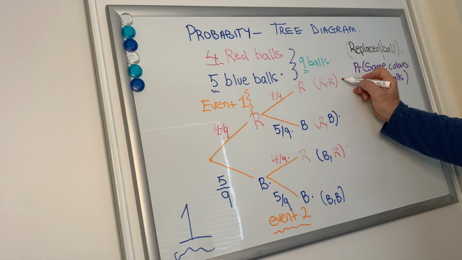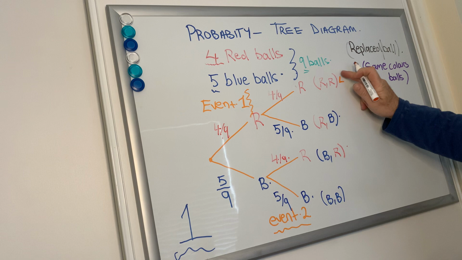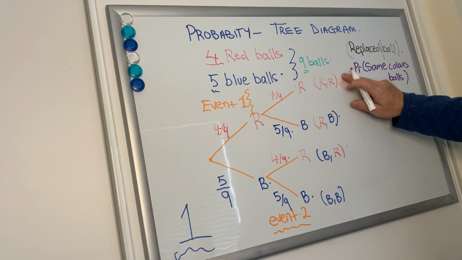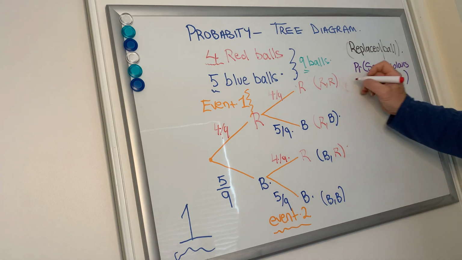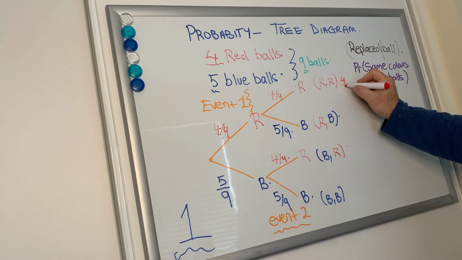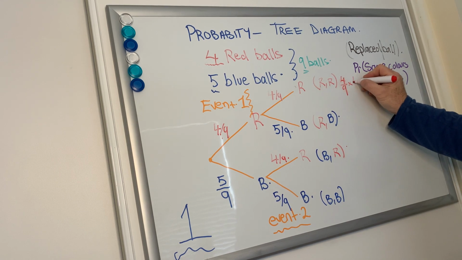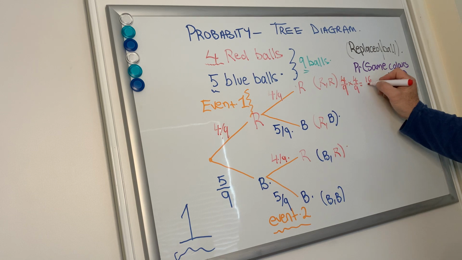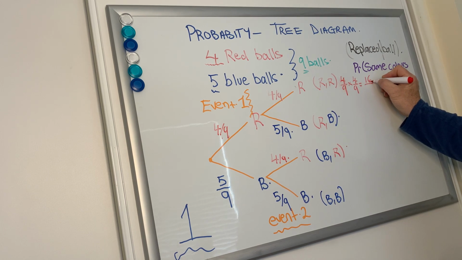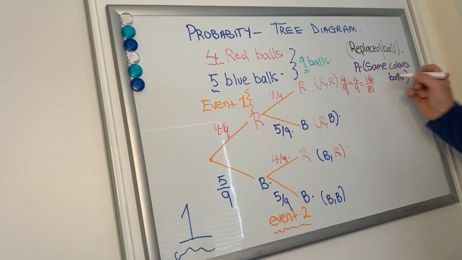Well, there's 2 same colour outcomes. So for red and red we've got 4 over 9 times 4 over 9, which is equal to 4 4s are 16, 9 9s are 81, so 16 over 81.